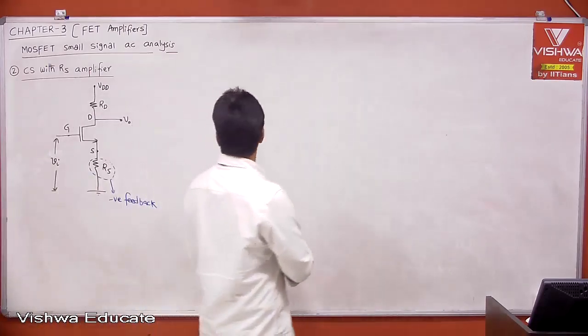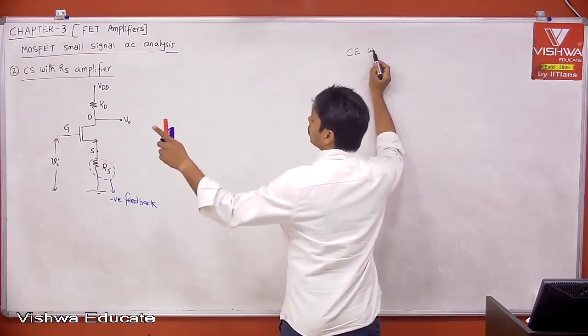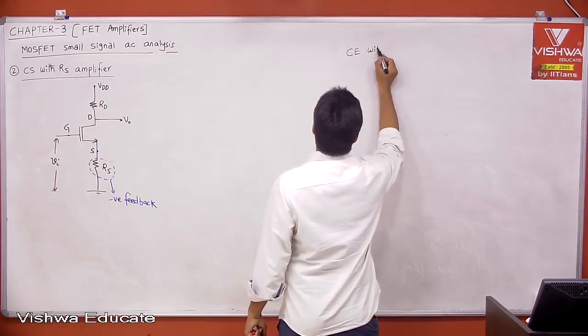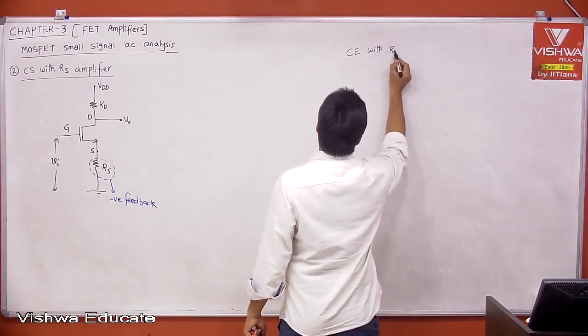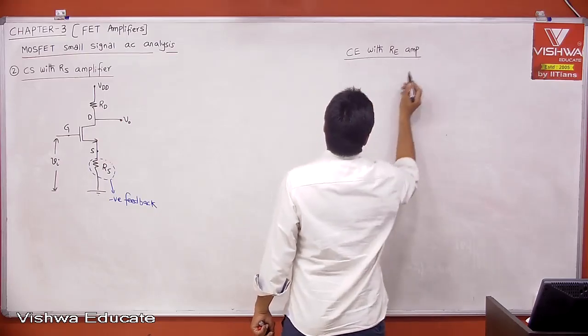We had seen this already, right? In the case of BJT, it is the CE with RE amplifier. Remember, source means emitter, RS is RE, like that.